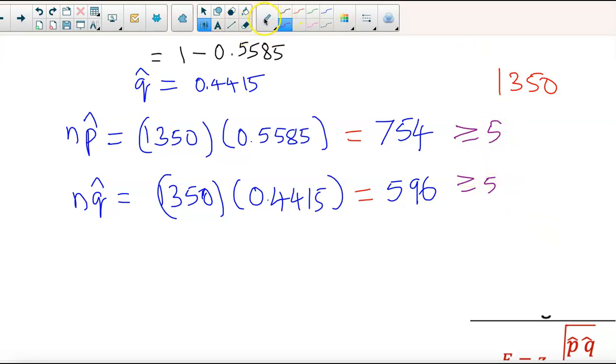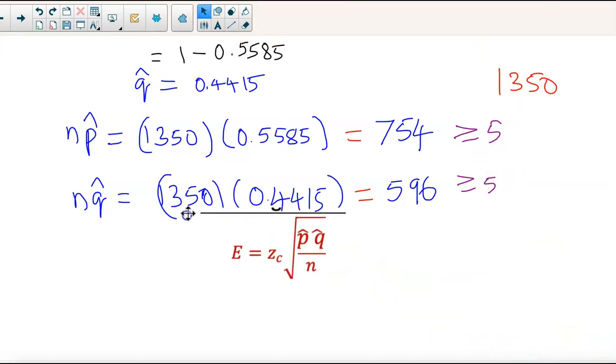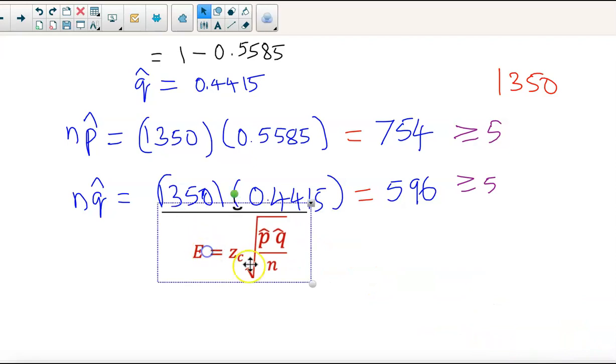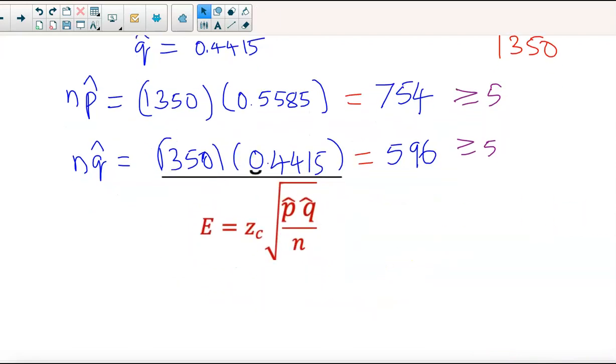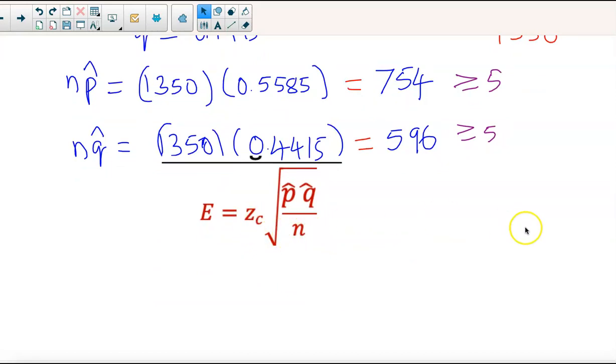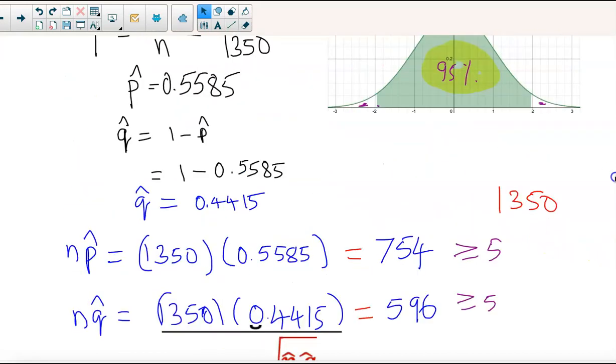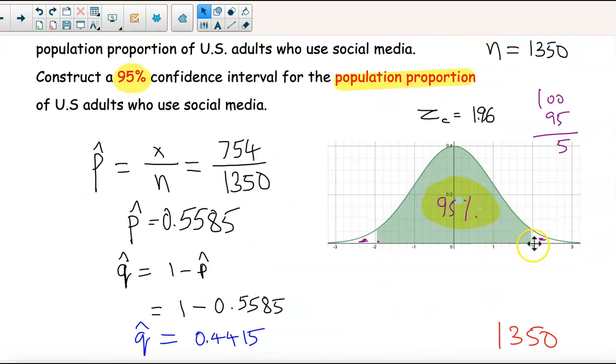Hence, I can go to my margin of error, this formula. I'll substitute my values in this. We already talked about the z-score, the critical value for z. At this point, it is 1.96, right?